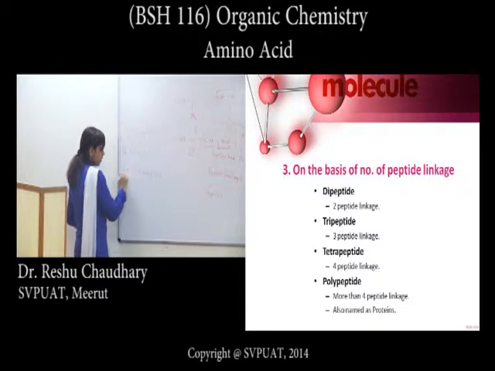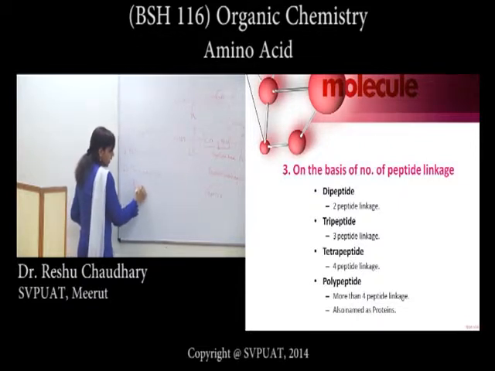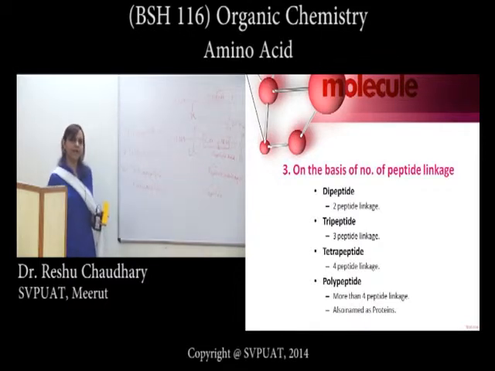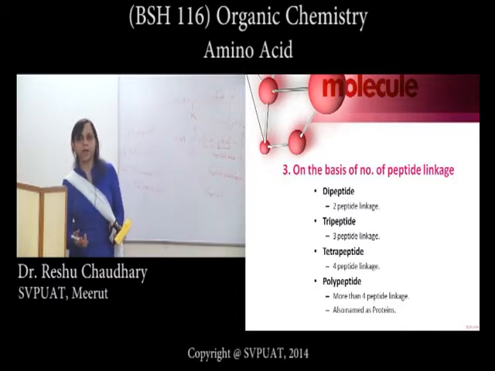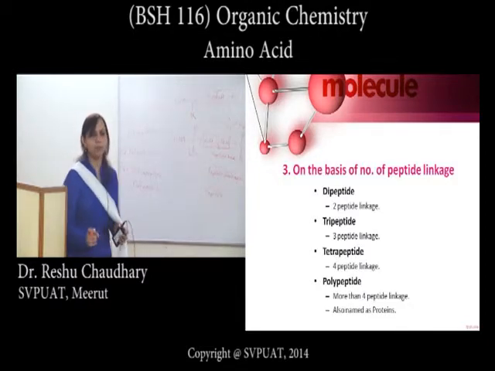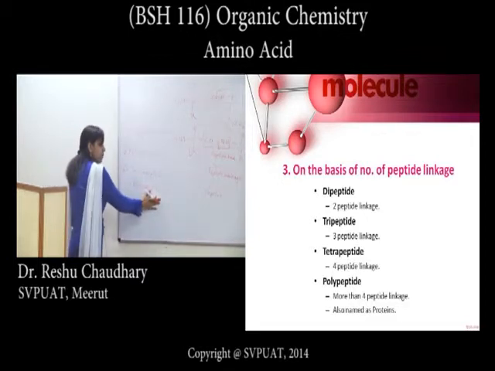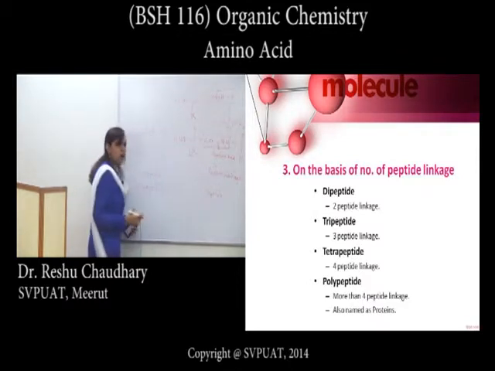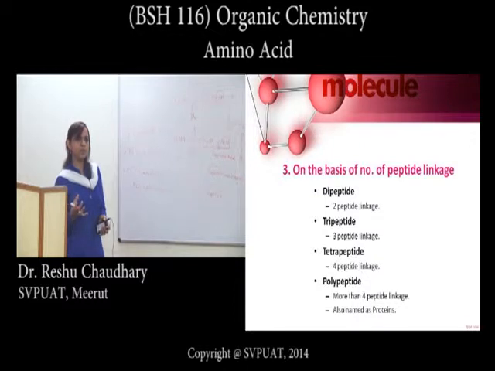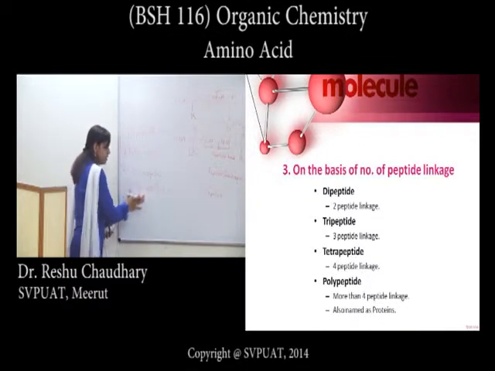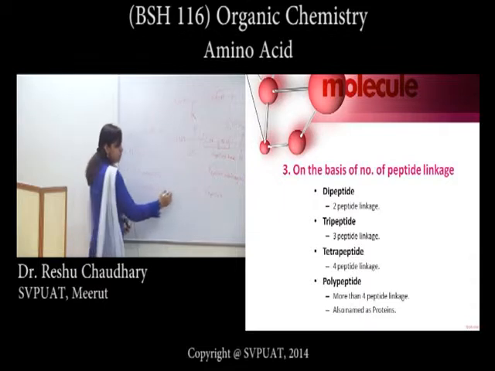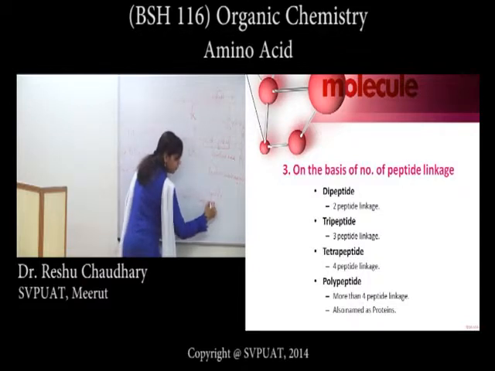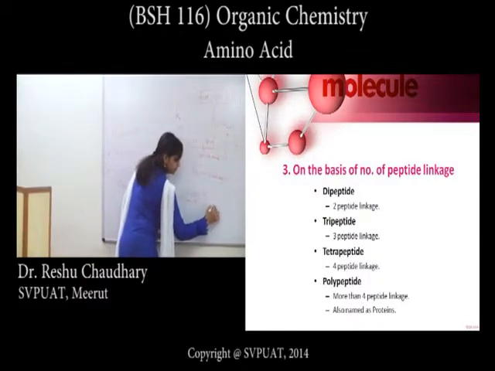The fourth one is polypeptide. It can be pentapeptide, hexapeptide, heptapeptide, octa, nona and decapeptide. But we come directly to the polypeptide, because after this they can all be called polypeptide. In a polypeptide, more than 4 peptide linkages are present.